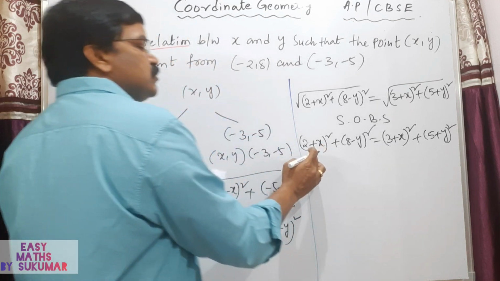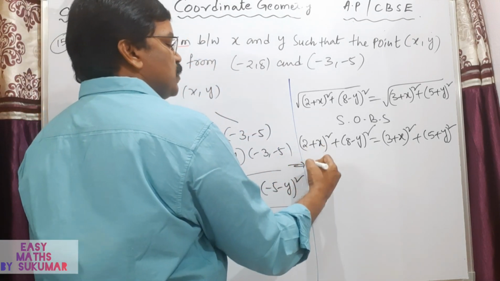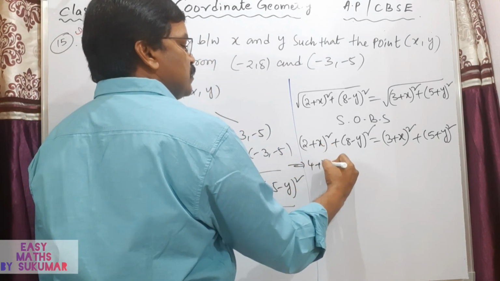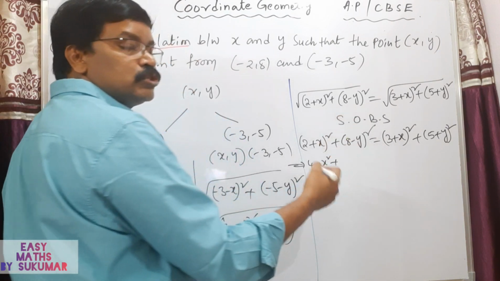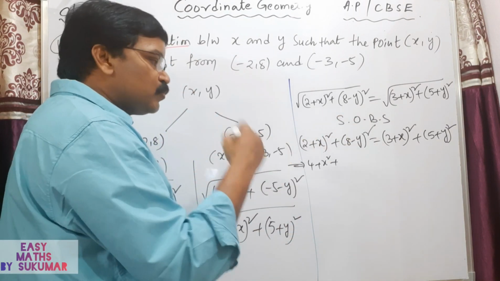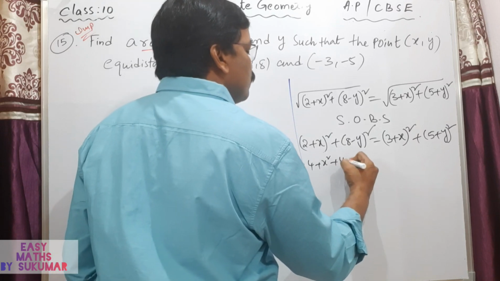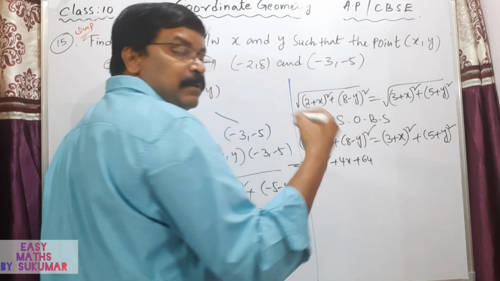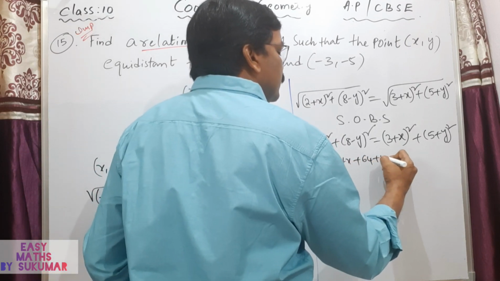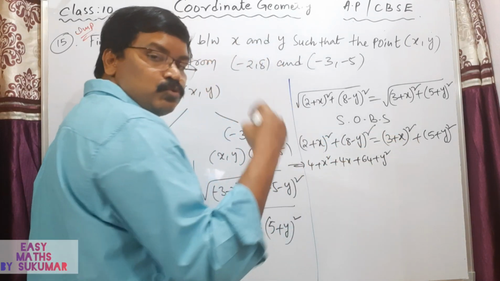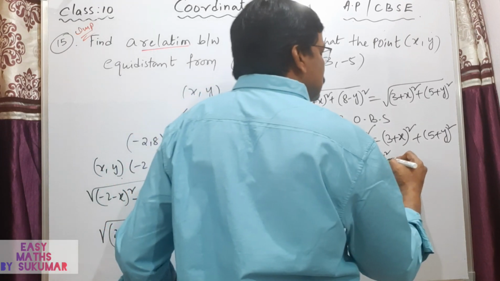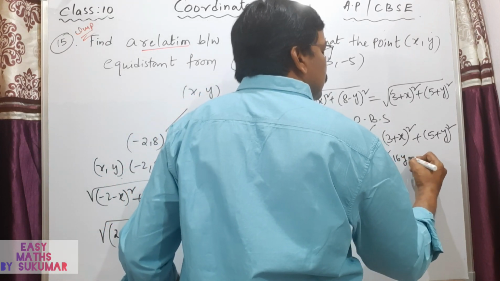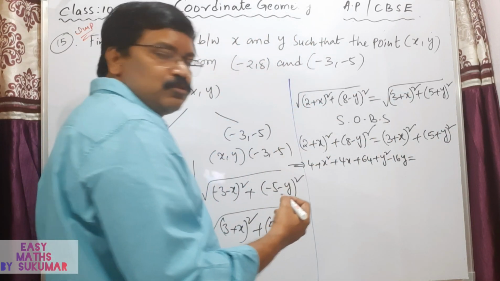So here, 2 square means 4, plus x square, plus 2 into x, that means 4x. Similarly here, 8 square is 64, plus y square, minus 2ab, that means 2 into 8 into y, that means 16y. It is equal to, again, (3 plus x) whole square.